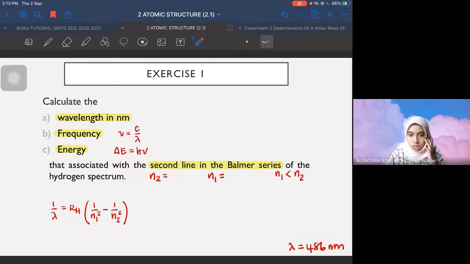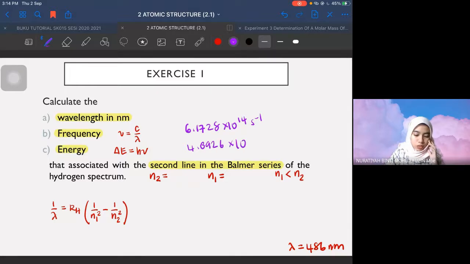Frekuensi dia, ni awak note sekarang, 6.1728 times 10 to the 14 per second. The energy will be 4.0926 times 10 to the power of negative 19 joule. Okay.